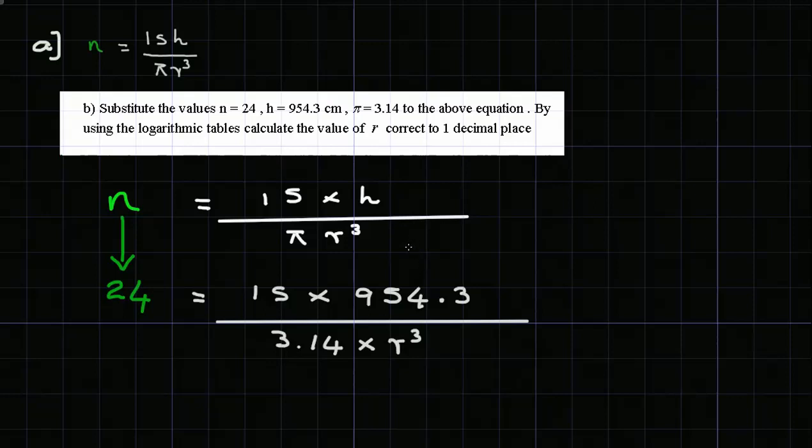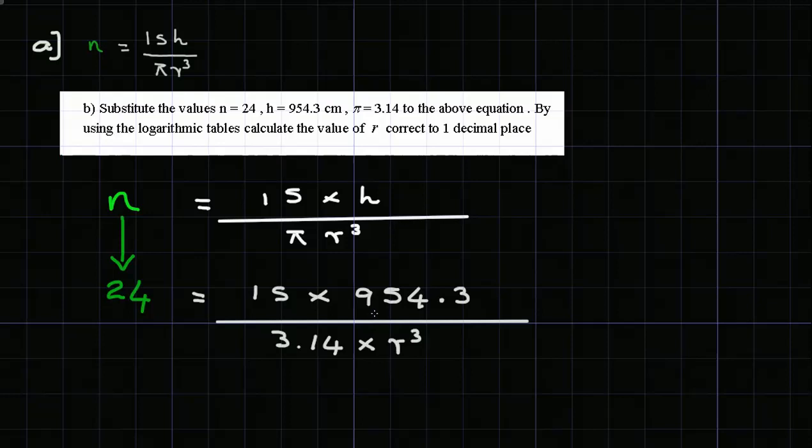All right. So before we use the log table, we have to make r the subject. We have to find out what r is equal to. So what's the problem here? The letter that we are supposed to find out is in the denominator. So what can we do? Let's get it to the numerator.